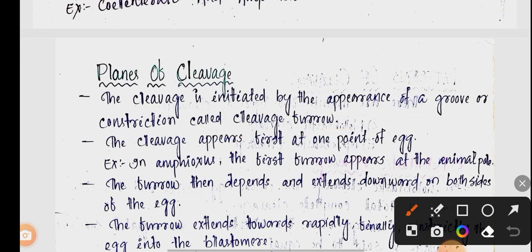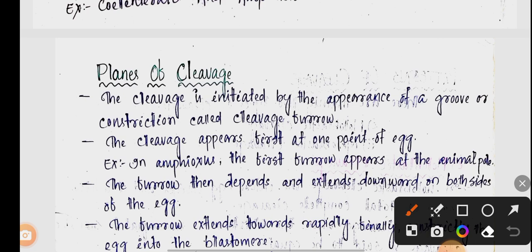The cleavage appears first at one point of the egg. In Amphioxus, for example, the first furrow appears at the animal pole.